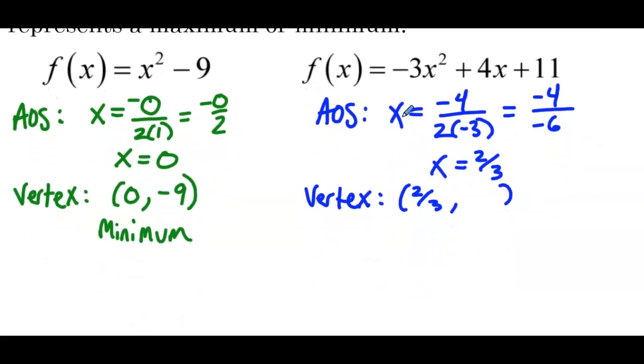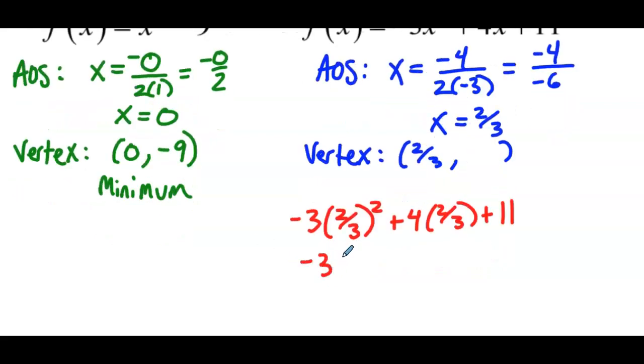So for this one, we're going to need to do a little bit of work. So we have negative 3 times 2/3 squared plus 4 times 2/3 plus 11. So we have negative 3 times 4 over 9 plus 8 over 3 plus 11.